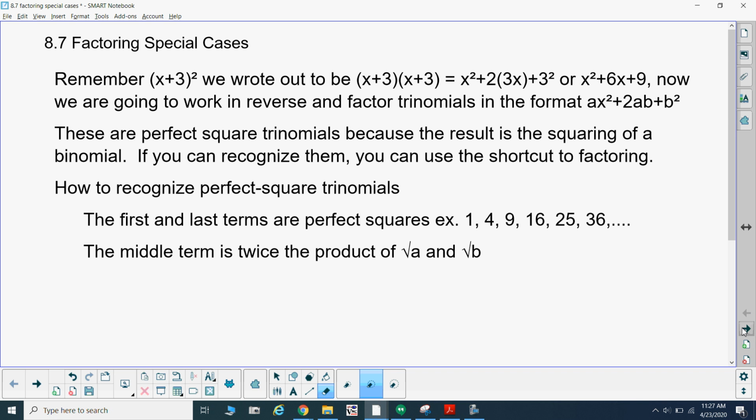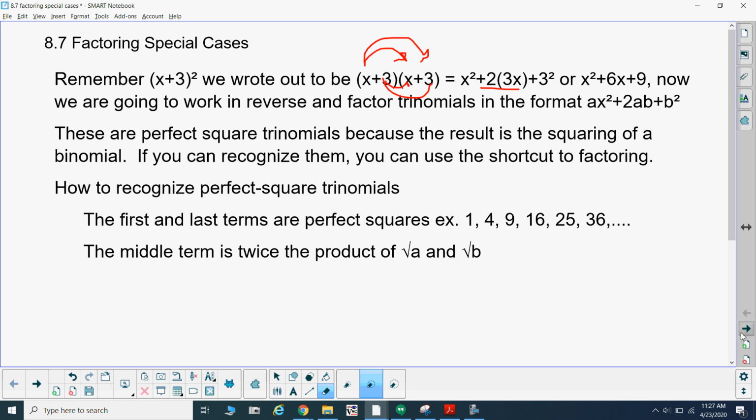All right, so remember back when we found the product of x plus 3 squared, I told you to write it out twice. Always write it out twice. Then we found the product like this: x squared plus 3x, plus another 3x, or two 3x's, and then plus 3 times 3, which is 3 squared, or x squared plus 6x plus 9.